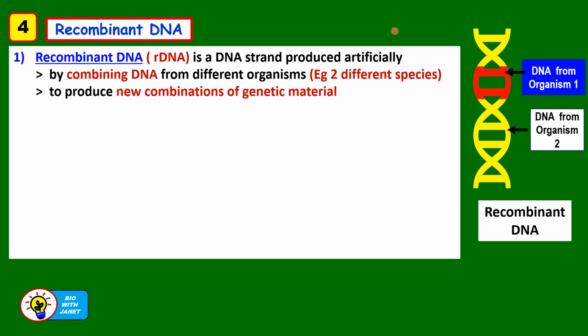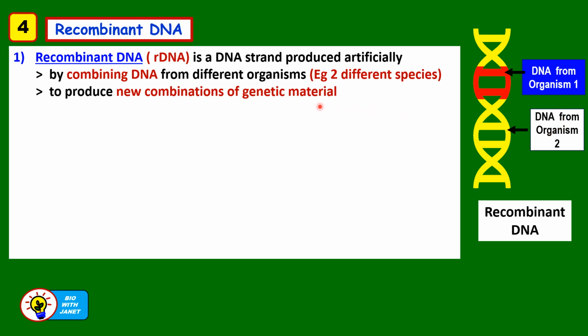Then this recombinant DNA strand is inserted into the host organism after it has been produced. The host organism is the organism that will use this DNA strand, perhaps to produce some new protein that it cannot originally do.